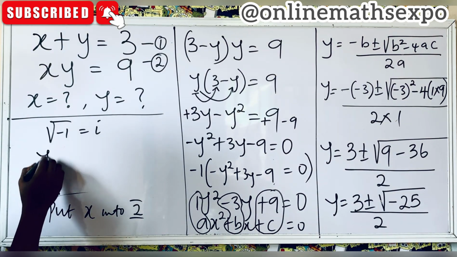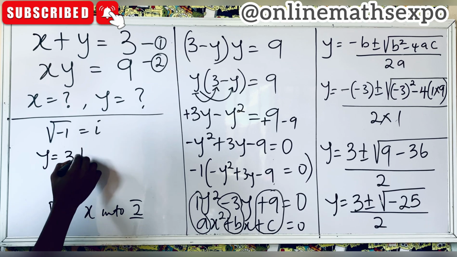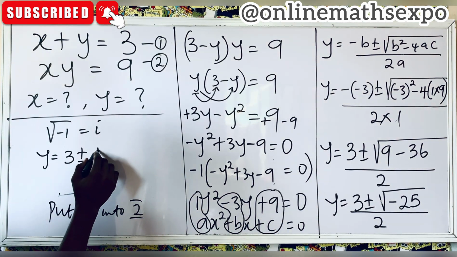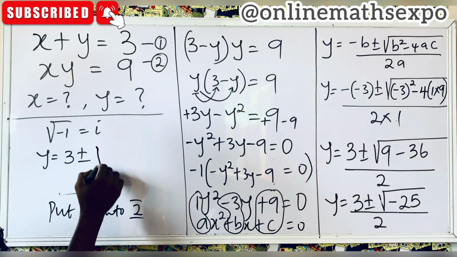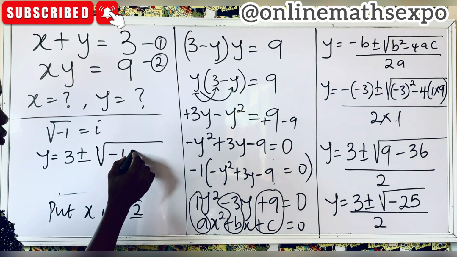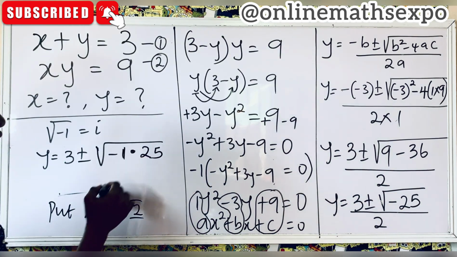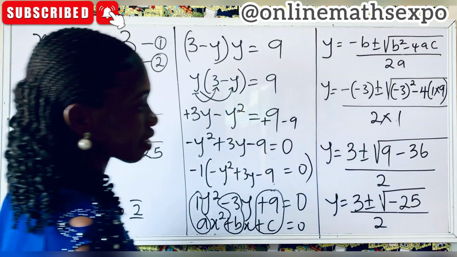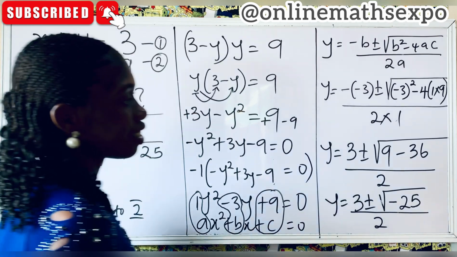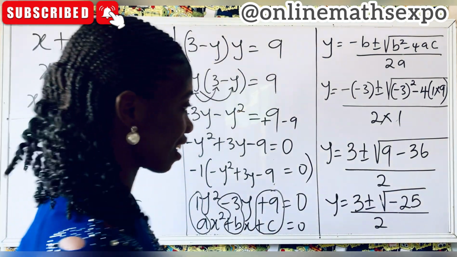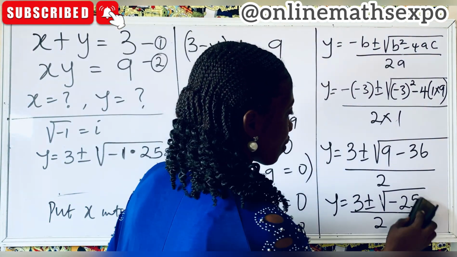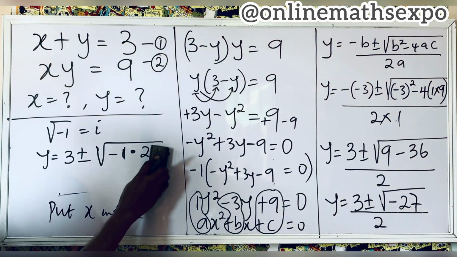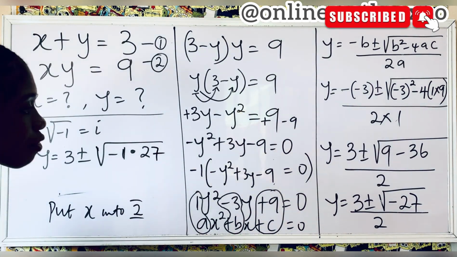We're going to have y is equal to 3 plus or minus, if you bring out this, the square root of -1 multiplying 27. Sorry, I wrote the wrong number earlier. What we have there is 27.